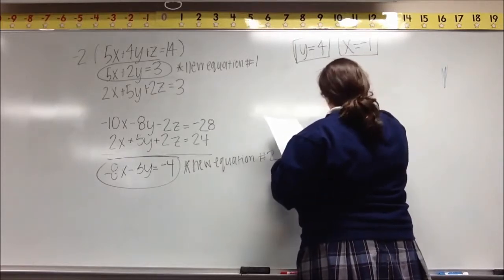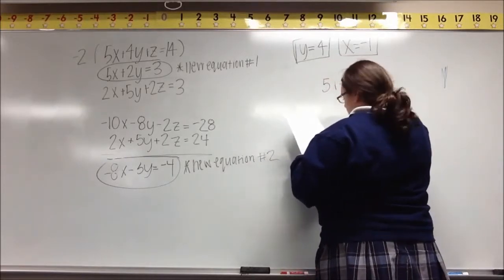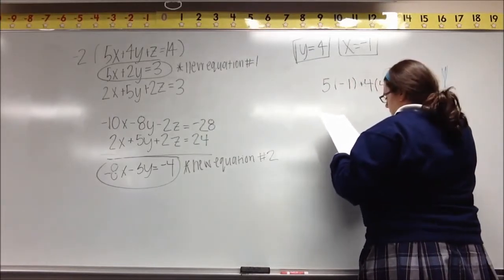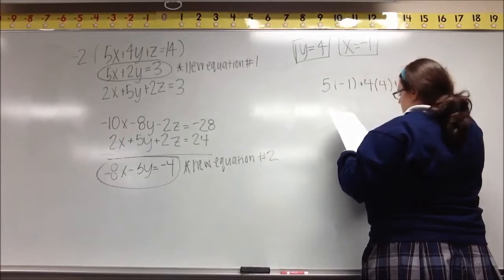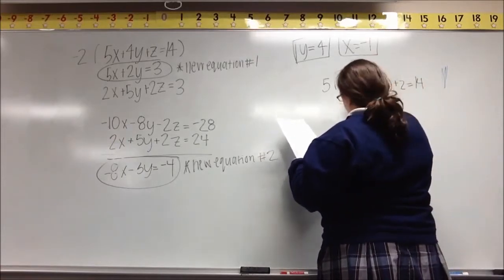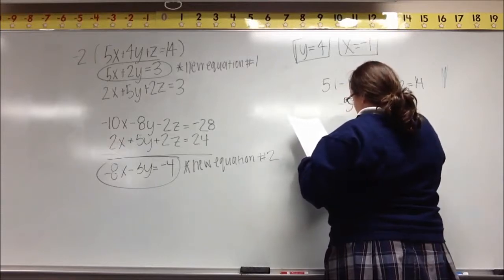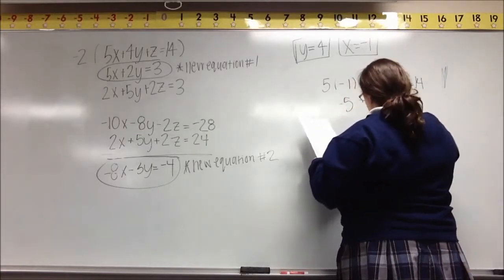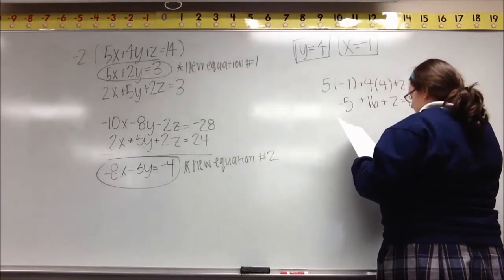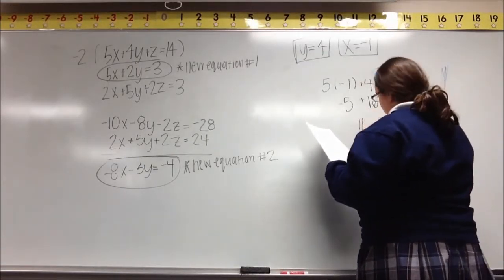So you'll do 5 times negative 1 plus 4 times 4 plus z equals 14, and then it will be negative 5 plus 16 plus z equals 14. And you want to simplify that even more.